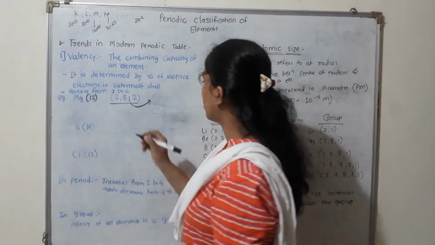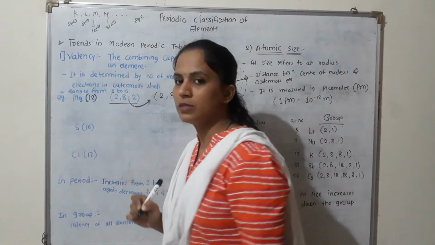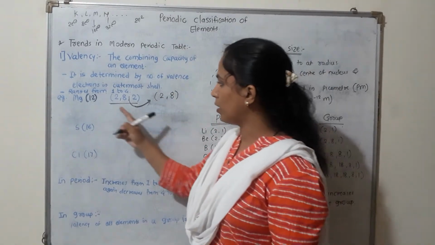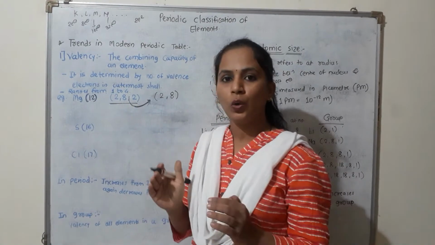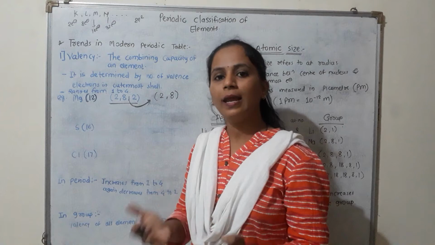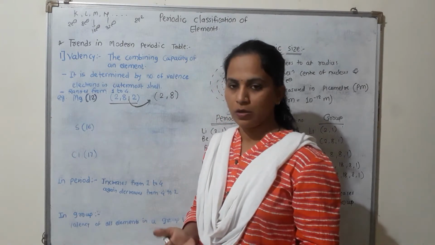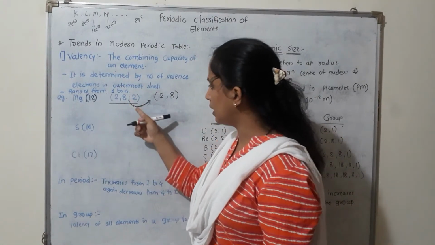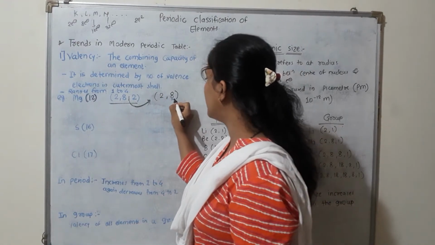And now what is its new electronic configuration? 2, 8. Now it becomes stable. How does it become stable? My electronic configuration of magnesium is 2, 8, 2. To become stable, any element either gives electrons or takes electrons. Here magnesium gives 2 electrons to the surroundings and completes its octet.